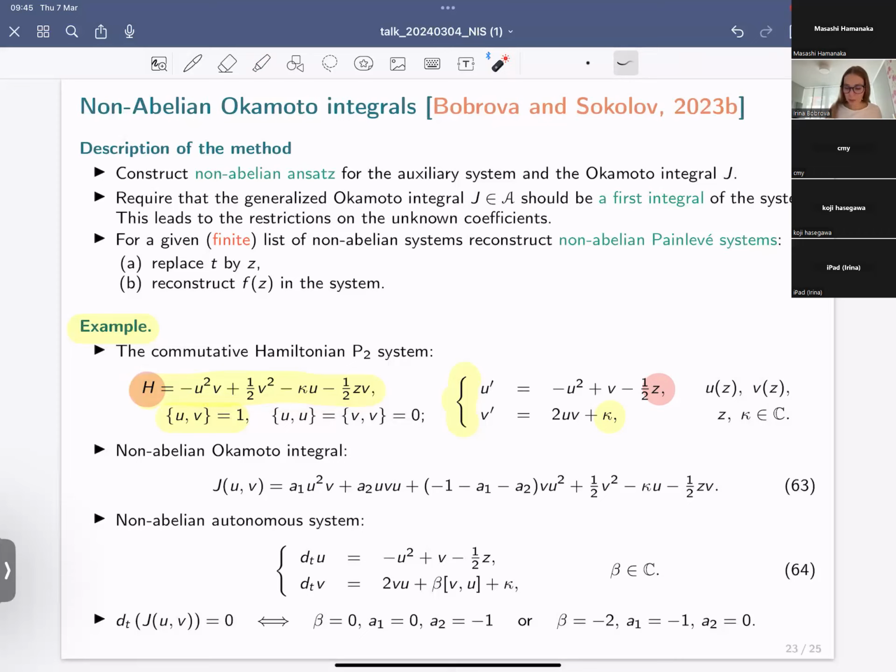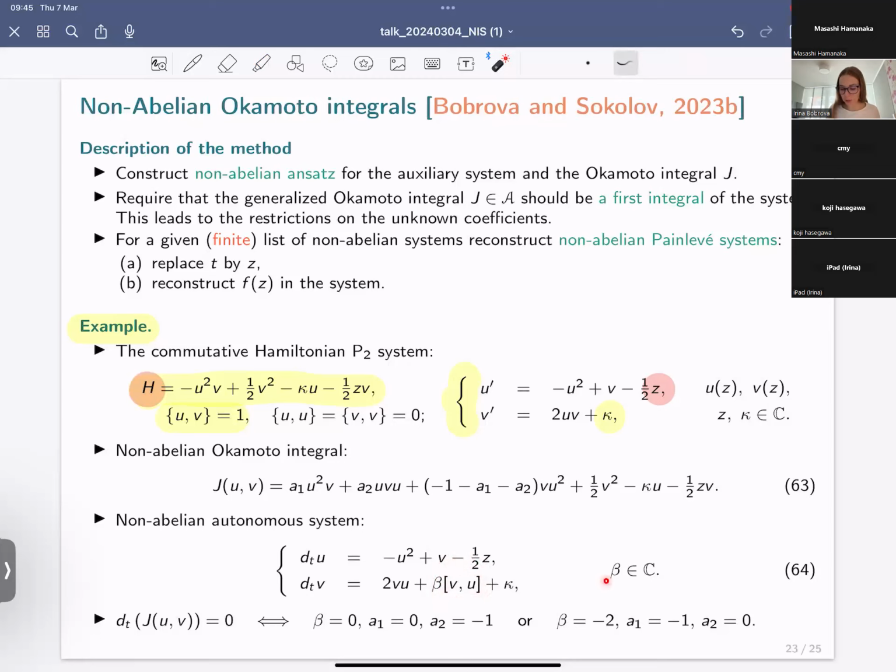In particular, we replace each commutative monomial by non-commutative ones. For instance, in order to rewrite this term in u and v, we write the following two terms: 2vu plus beta multiplied by a commutator of u and v.